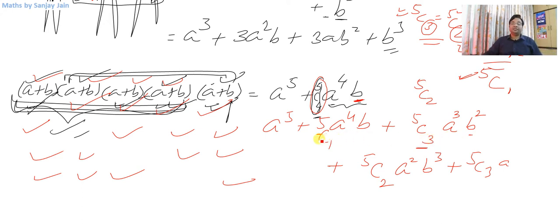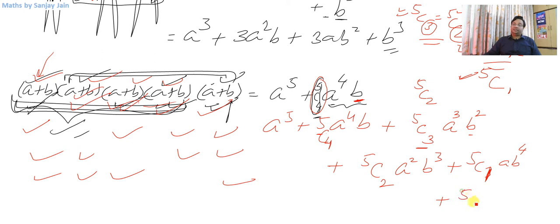Okay, I've written it from a's perspective, right? 5c4, 5c3, 5c2, and then I'll write 5c1. So in how many ways can I select one bracket out of these 5, and then I'll take a from it, right? Then obviously b will come out from the rest of the 4 brackets. So 5c1 a b raised to power 4.